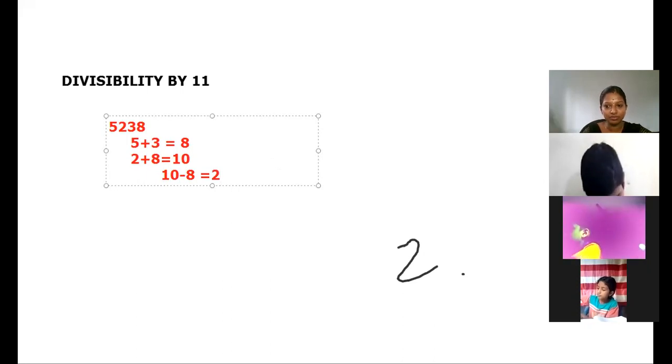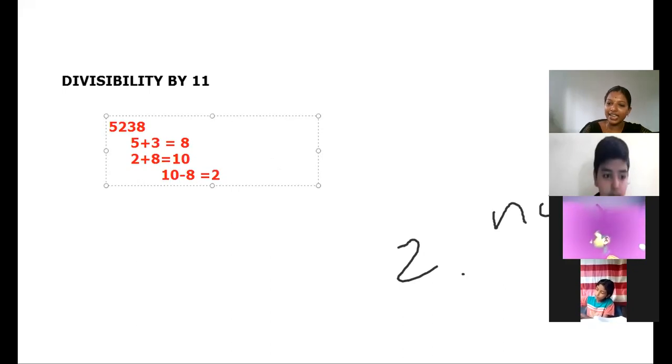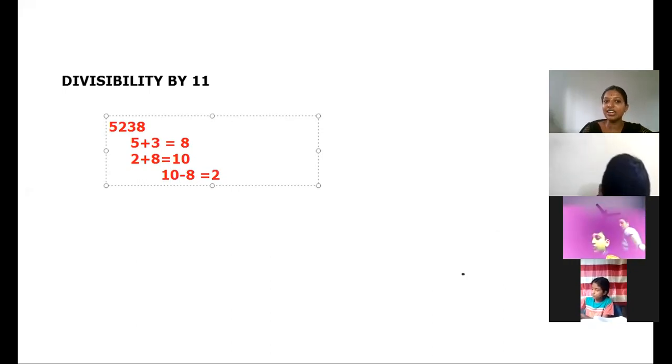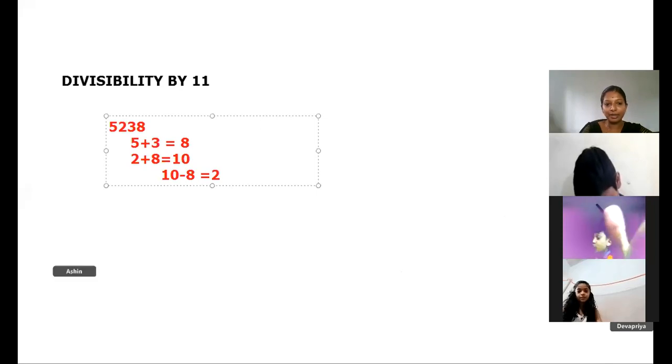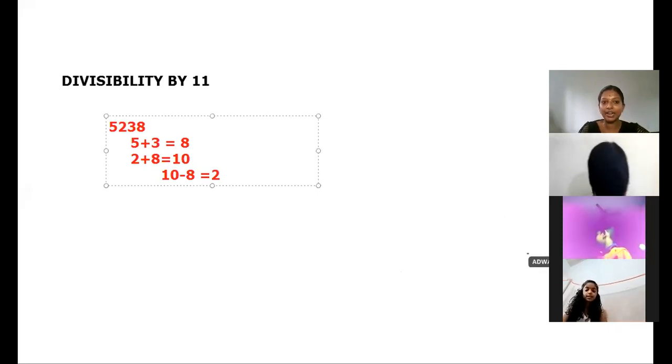It is not divisible by 11. Why? Here, the difference between the sums of the alternate digits is not 0 or a multiple of 11. It is 2 itself. That's why we can say that the number is not divisible by 11.